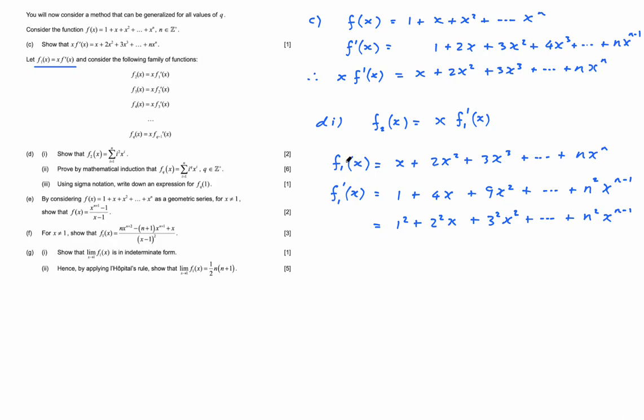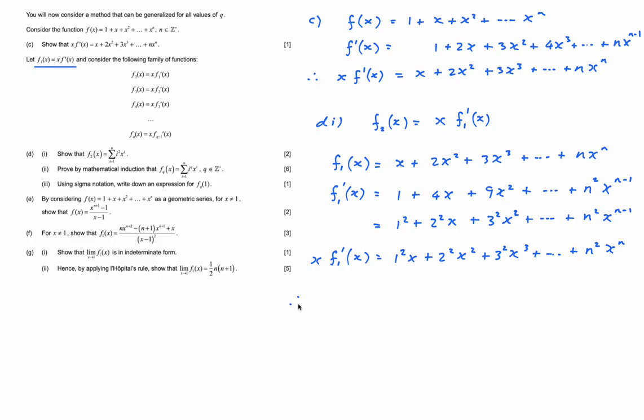Sorry, that should be x squared. Okay, and to get f2 of x, we need to multiply this by x. So x times f1 dash of x is this times x, which is 1 squared x plus 2 squared x squared plus 3 squared x cubed plus n squared x to the n, because again when I multiply this by x, minus 1 plus 1 just gives me x to the n.